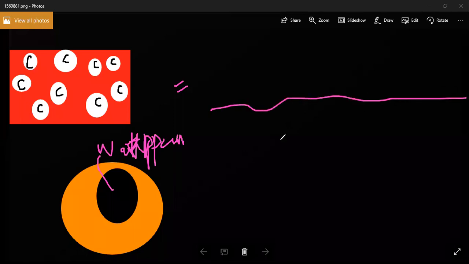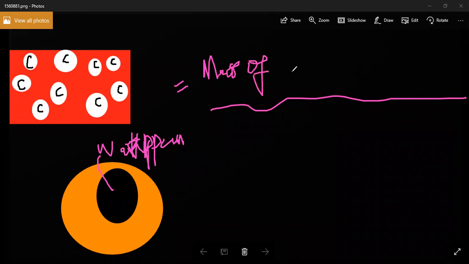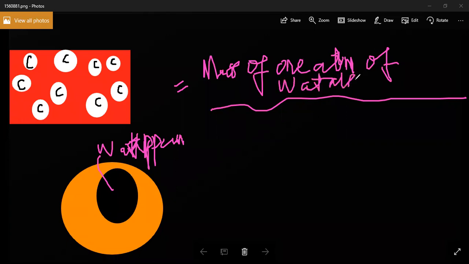If I want to find the relative atomic mass of Vattalapam, what should I put? How to write it? Can you tell me? Mass of one atom of Vattalapam. Very good.